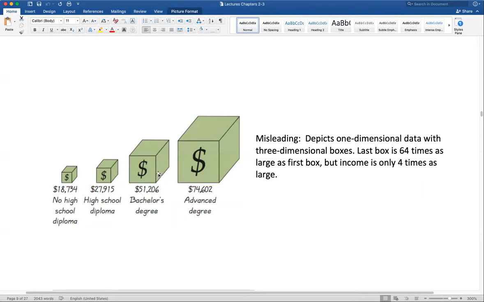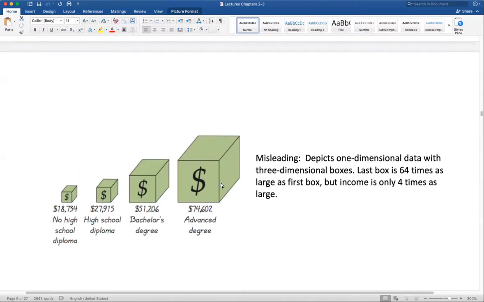I mean, I'm sorry. The average income of people who have an advanced degree or bachelor degree, down to a high school diploma or less than a high school diploma.